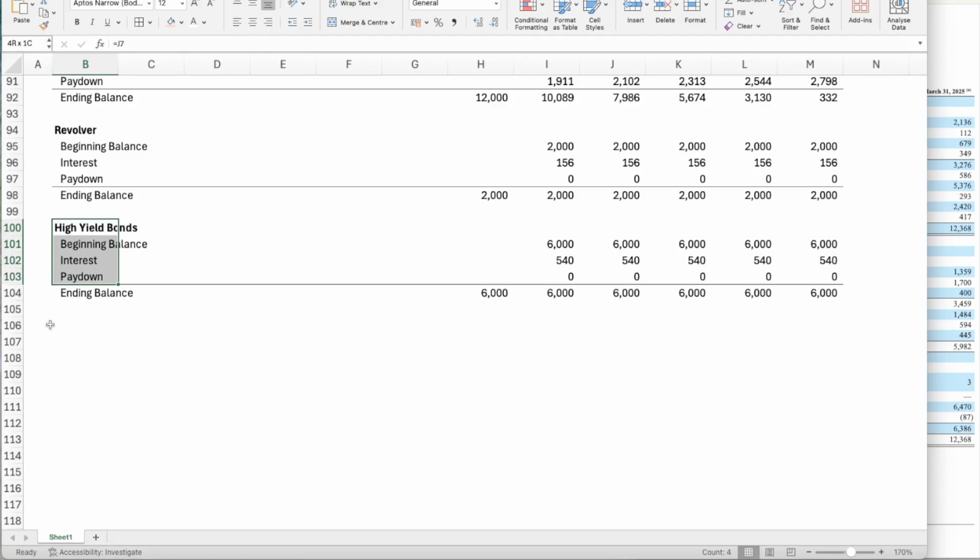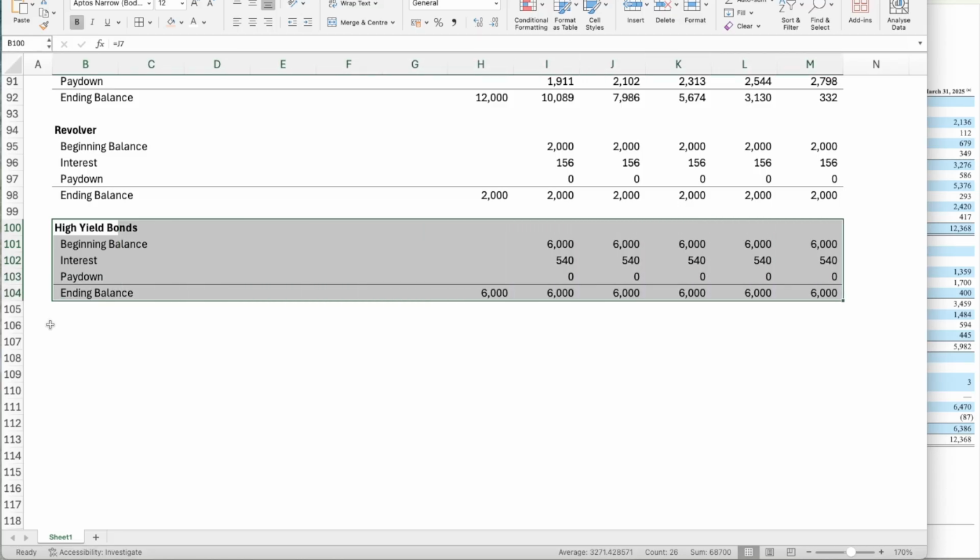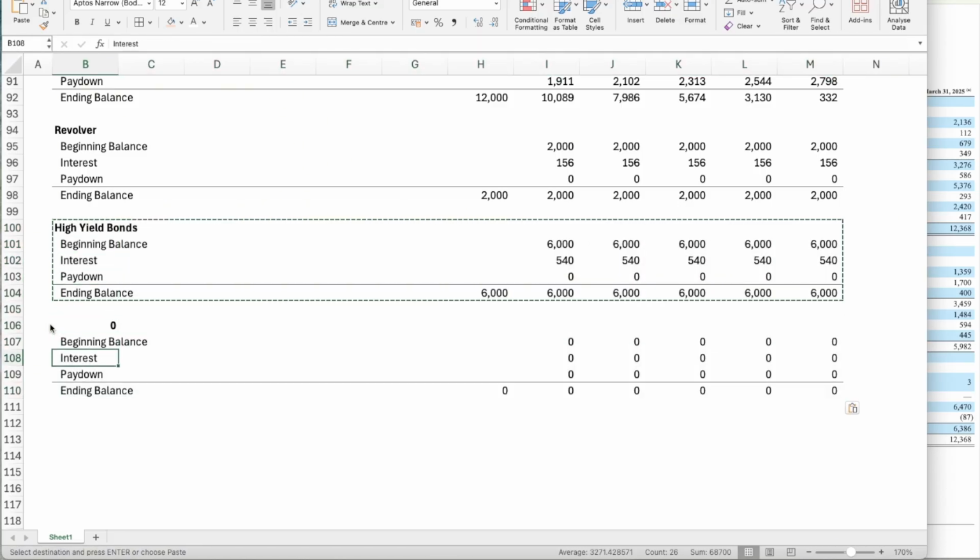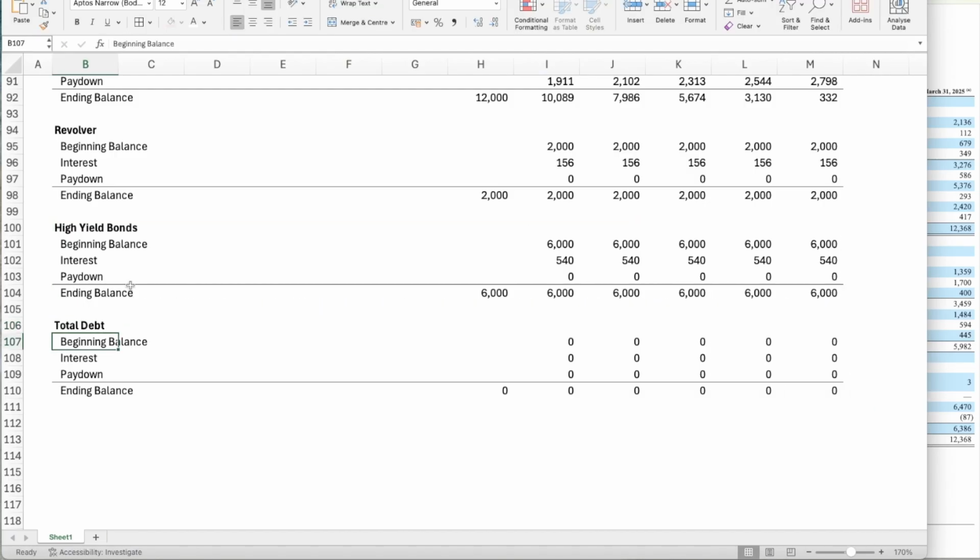Then we're just going to do a total, because this is how we find the full interest. Total debt. We know that at the beginning, so we just go sum.